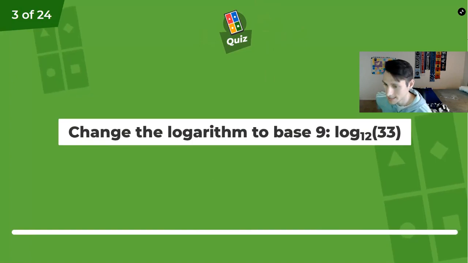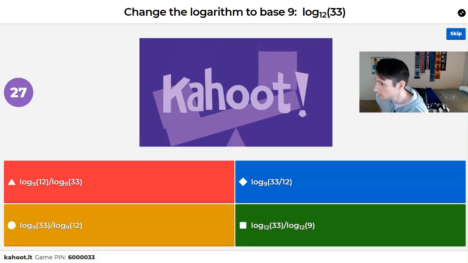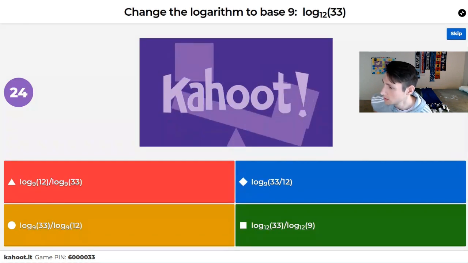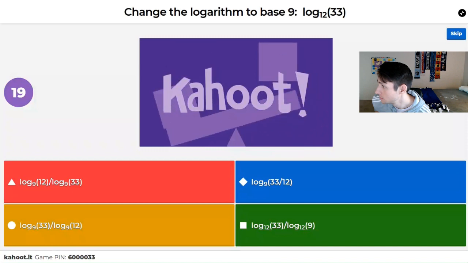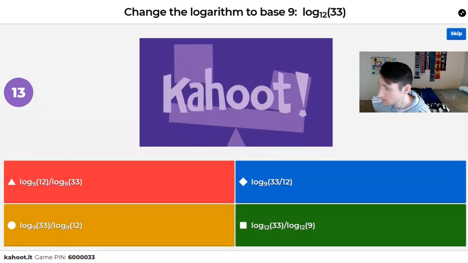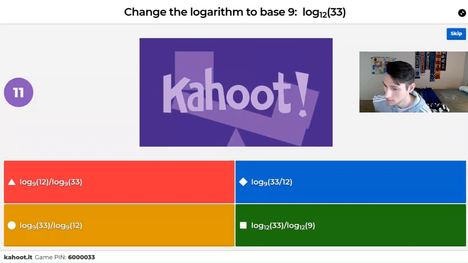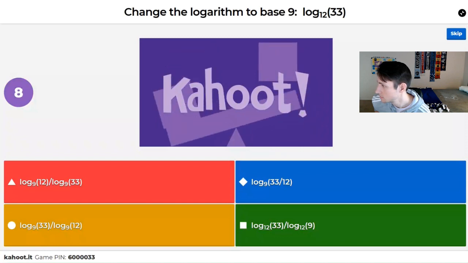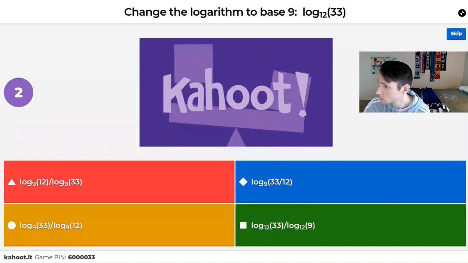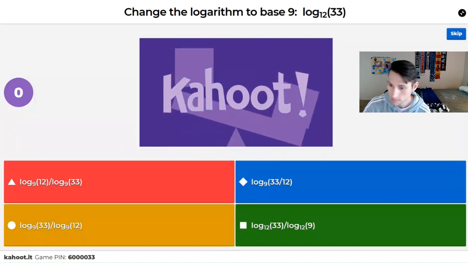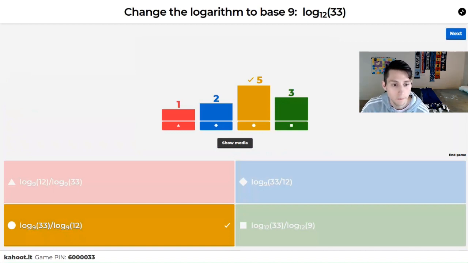Change the logarithm to base 9. So using the change of base formula, whatever was originally inside the logarithm is what goes in the inside on top.